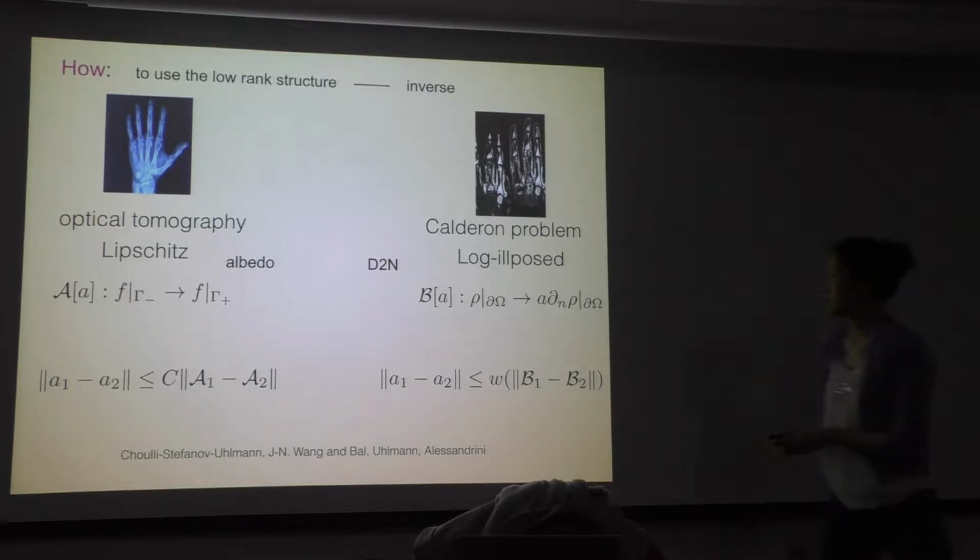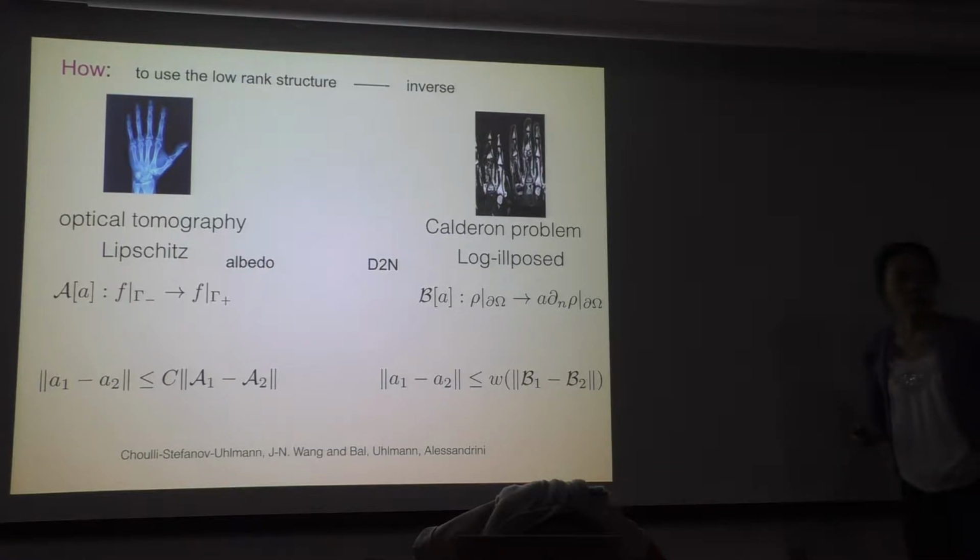That's why we say the albedo operator reconstruction of the hand is Lipschitz stable, but the reconstruction of my hand for the heat equation is log-type ill-posed. So these two different communities arrive at two results. They are both sound, mathematically good.